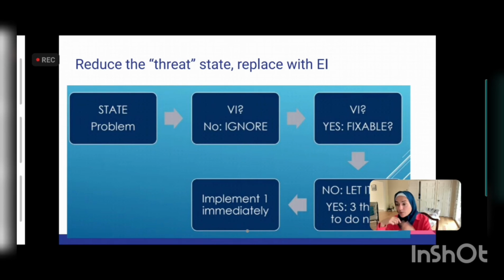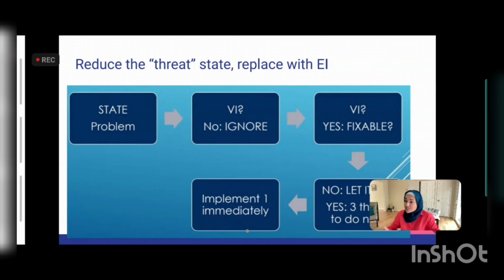Now, second question, if it is on your very important list, yes. Is it fixable? So is it something that's within your control? The slide I showed you one before. If the answer is no, i.e. it's the action of somebody else, then you've got to let it go because it's not within your control to fix. But if the answer is yes, it is fixable, then make a list of 3 things that you can do to fix it and do one of them now.